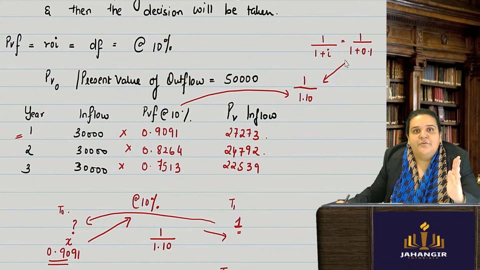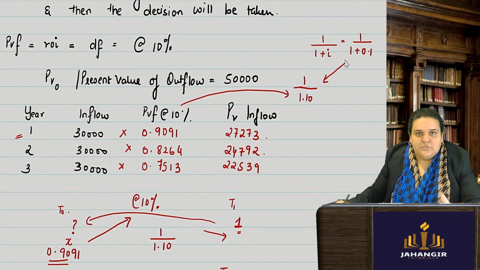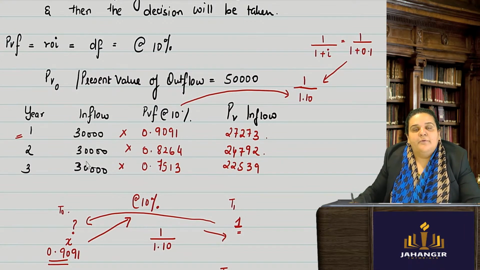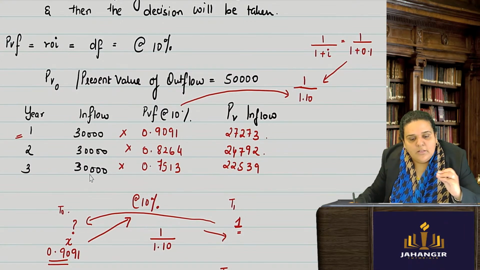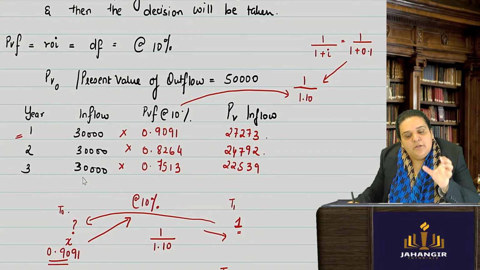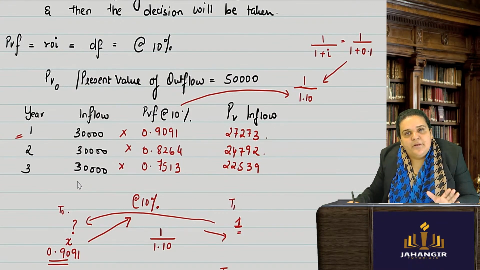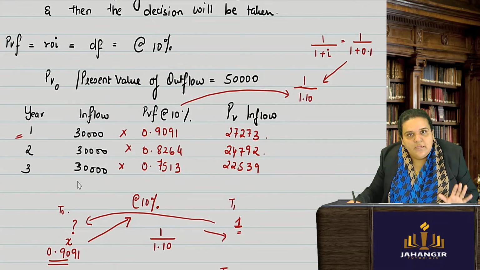I will show you how to find the cumulative PV factor also, for all 3 years together. Because the inflow amount remains the same in all the years, I can directly find the cumulative for all 3 years and have an answer as a total. Here I am just doing it separately for 1 year each.